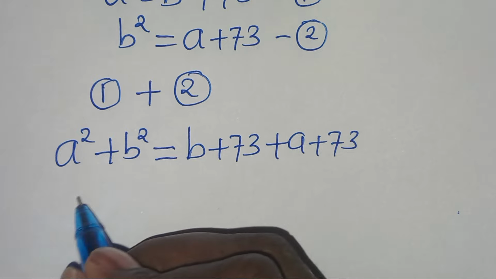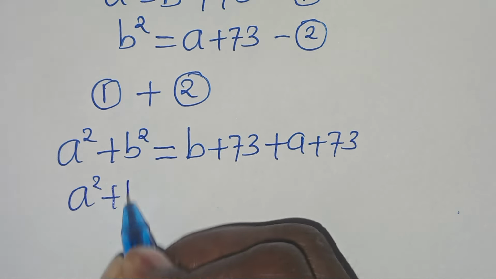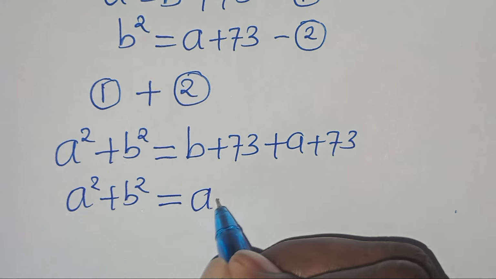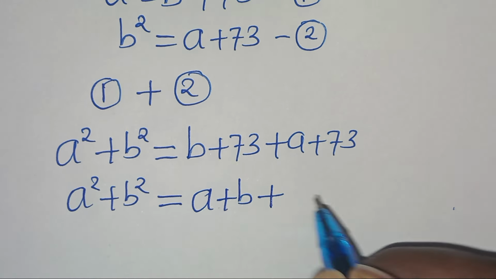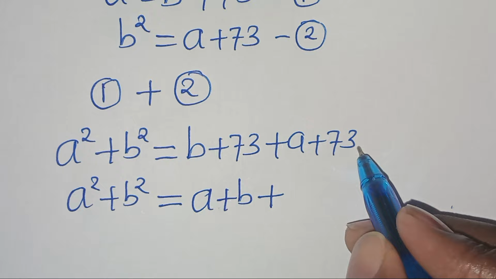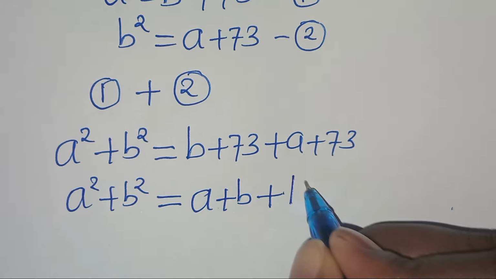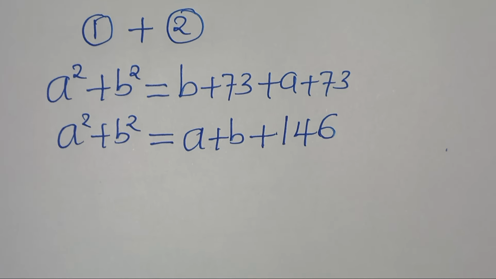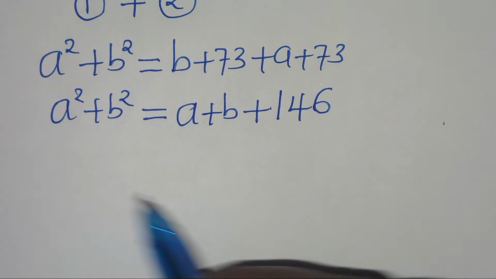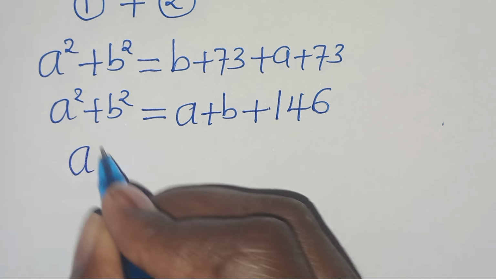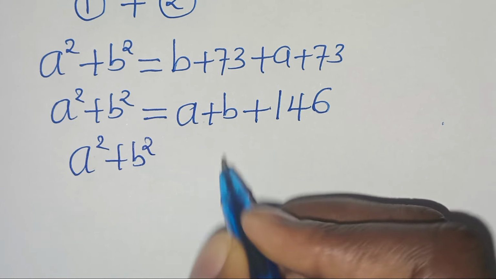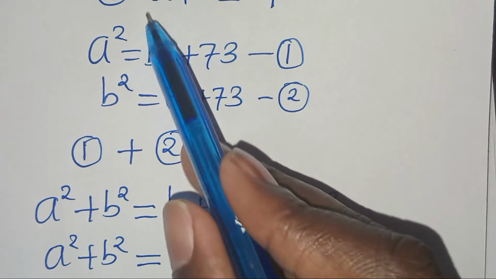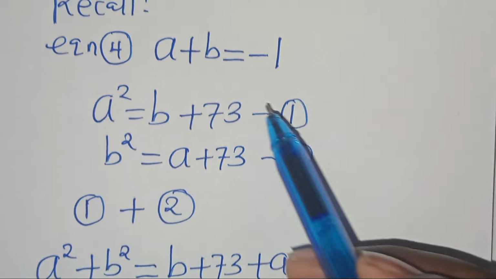And this implies that a squared plus b squared, this is equal to a plus b, then plus 73 plus 73, this is equal to 146. So this implies that here, this is a squared plus b squared, this is equal to a plus b, this is what we have in equation 4, which is minus 1.